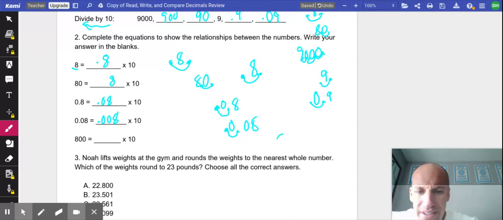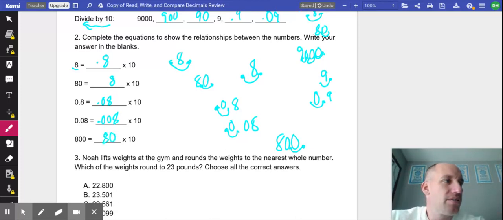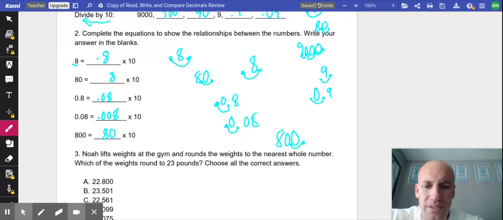Next, 800 is the answer. We need to divide by 10, inverse operation, and we get 80. And then you could always do the correct operation on the right side and see if it equals the answer on the left.